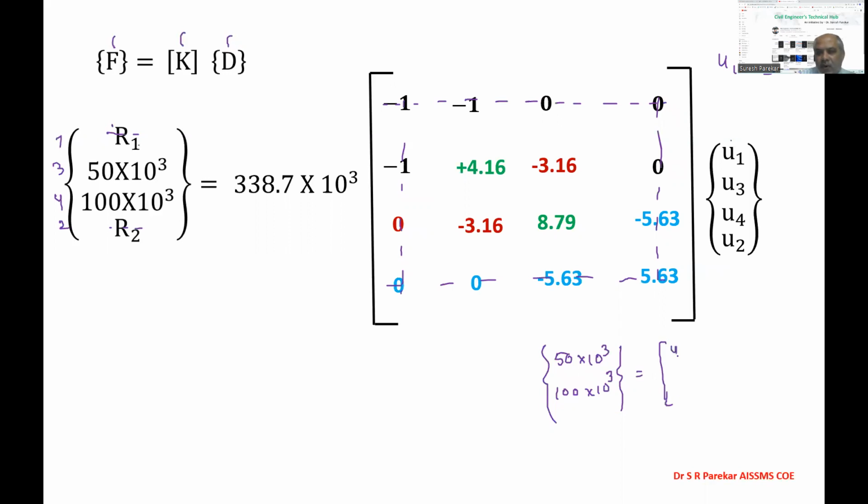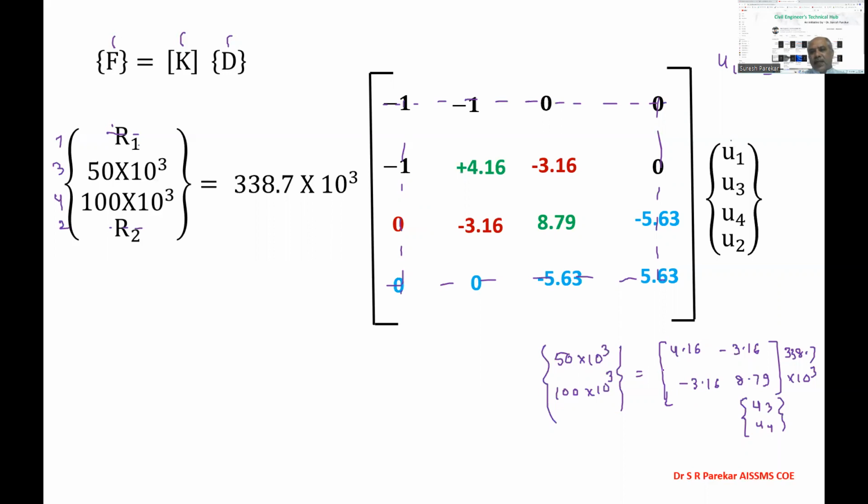4.16, minus 3.16, minus 3.16, and 8.79, multiplied by 338.7 into 10 raised to 3, and then we have U3 and U4.